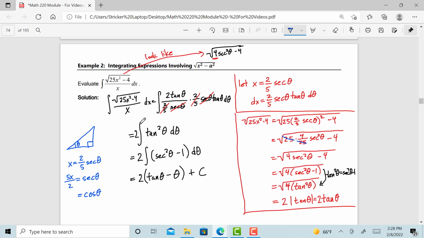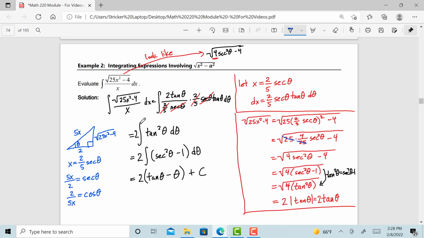So if secant theta is equal to 5x over 2, cosine theta is equal to 2 over 5x. And again, cosine is the adjacent over the hypotenuse, so that means the adjacent side has to be 2. The hypotenuse has to be 5x. And it means that that missing side is going to be the square root of 25x squared minus 4.